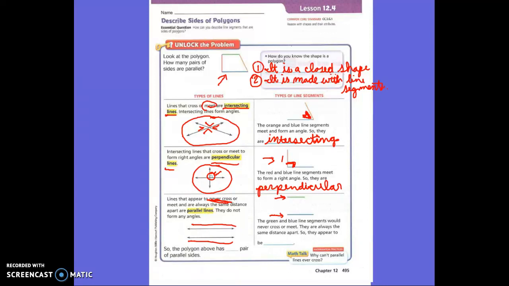They are the same distance apart. So they would be parallel.